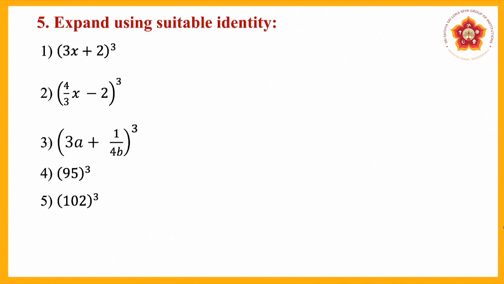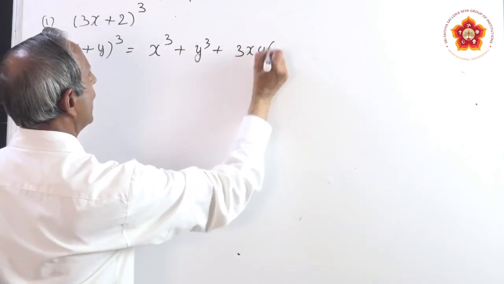Now the first problem is, we have to expand 3x plus 2 whole raised to the power of 3. Now first write the identity first. Identity x plus y whole cube equal to x cube plus y cube plus 3xy into x plus y.